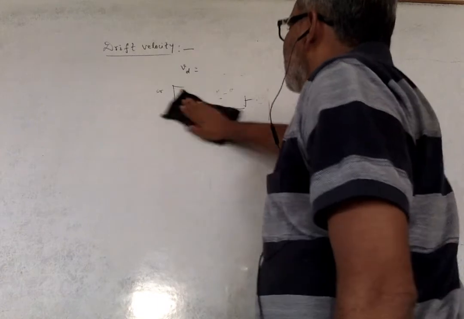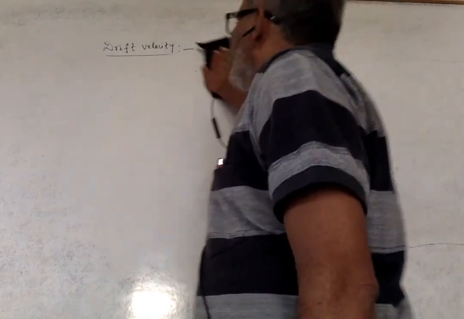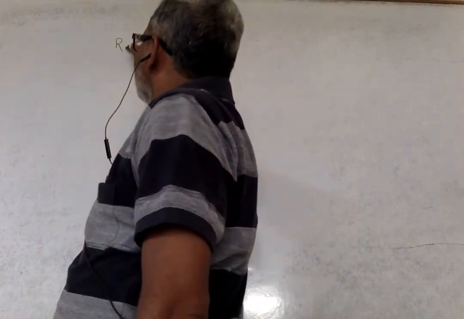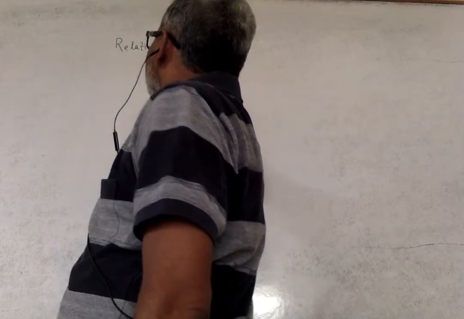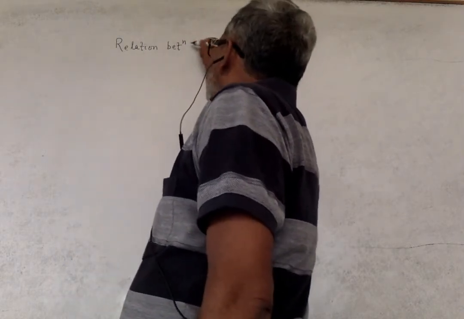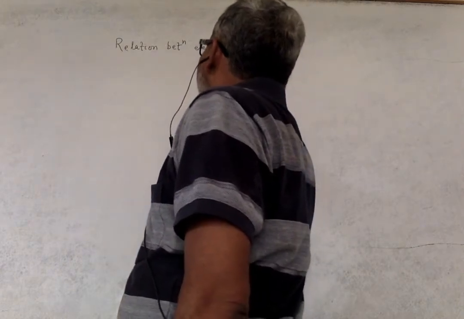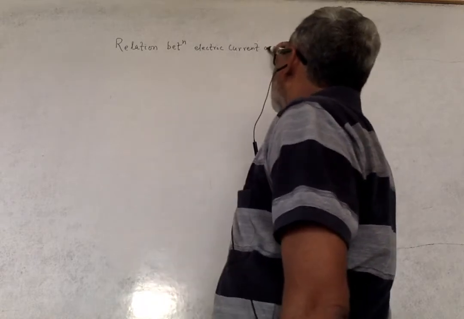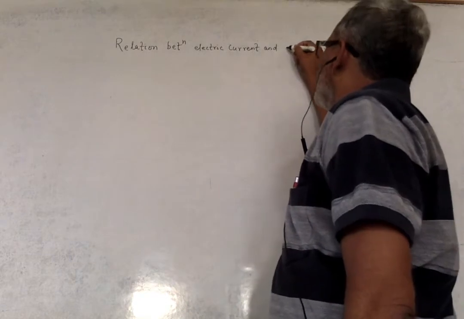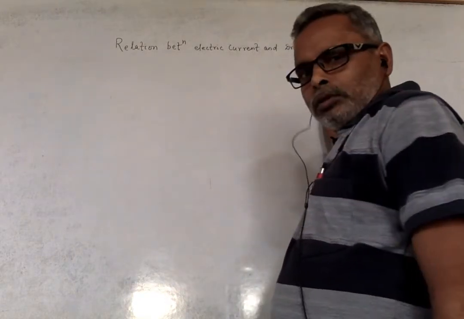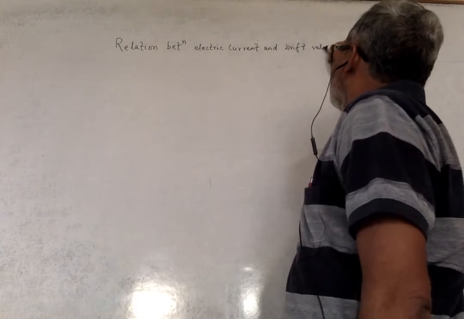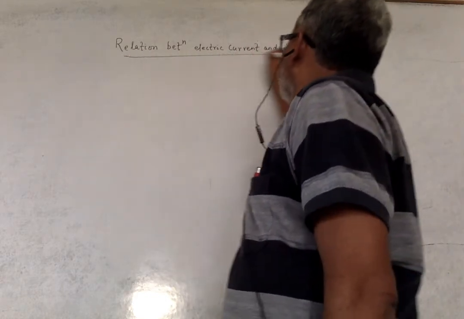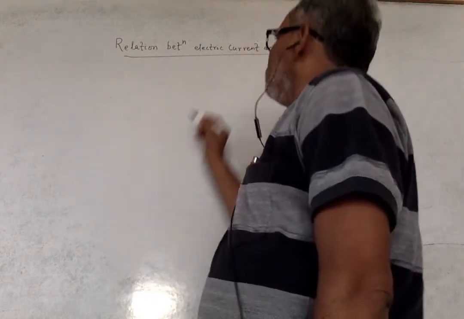Now we have to obtain the relation between electric current and drift velocity, that is I and Vd.